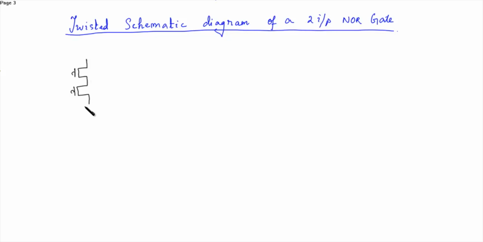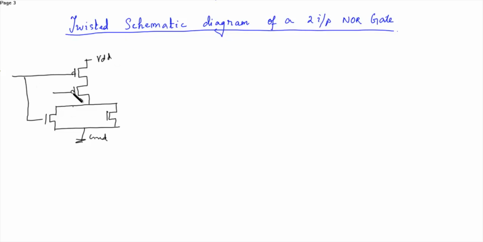This is input A, input B. This is just a rough diagram. This is ground, this is VDD, this is input A, and this is input B.